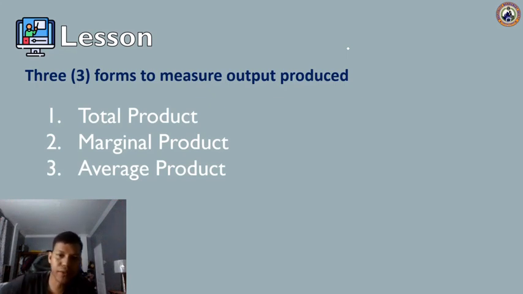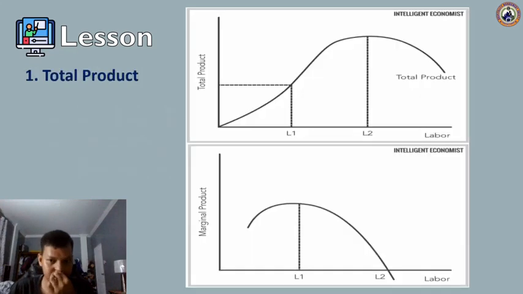So we will talk first about the total product. Again, the definition of the total product is the combined production of several units of a given input. Think of a pizza restaurant with tables, chairs and ovens.